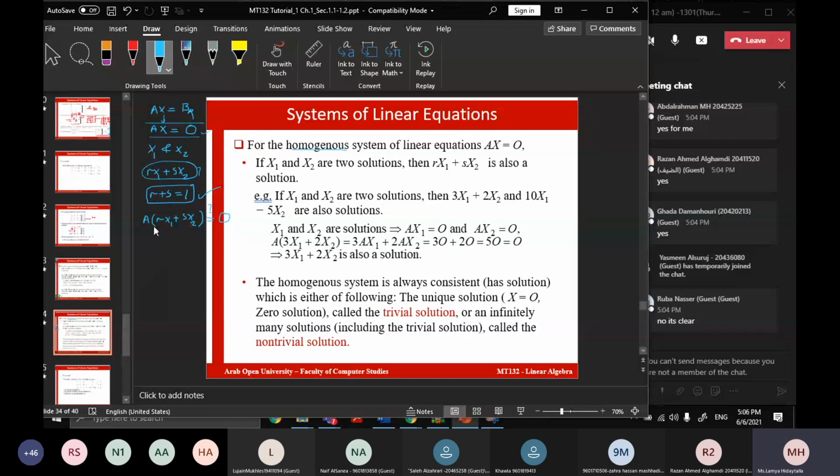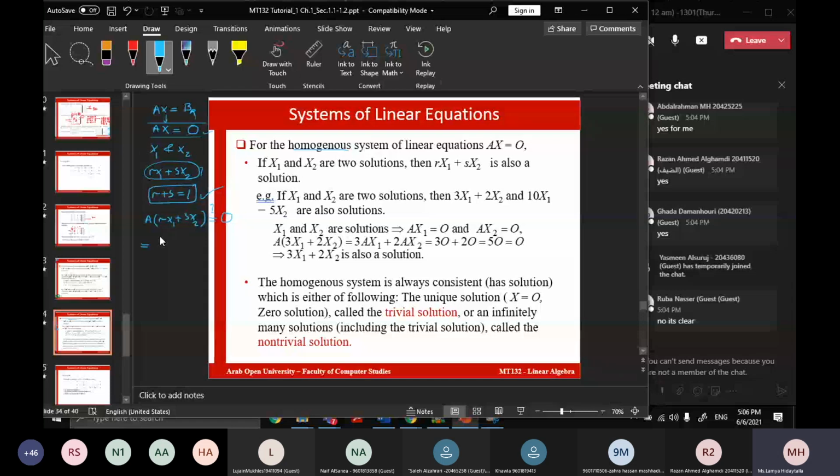Now we do the same. So this one is equal to R times A x1 plus S times A x2. Now this is equal to what? A x1 equals what? Since x1 is a solution, this implies A x1 equals 0, and this means A x2 also should equal zeros.